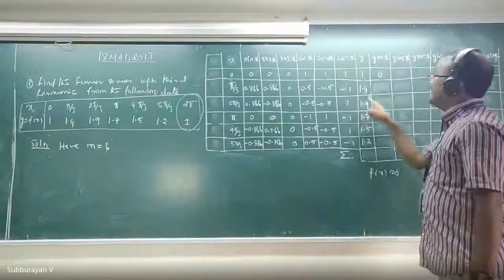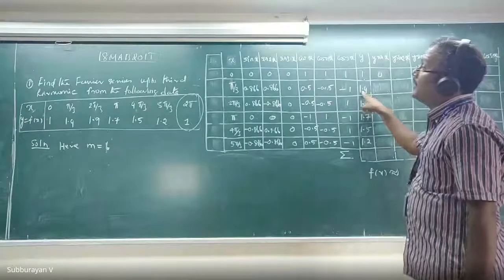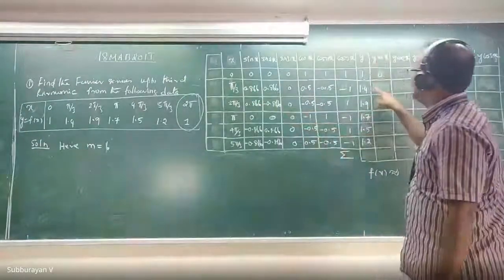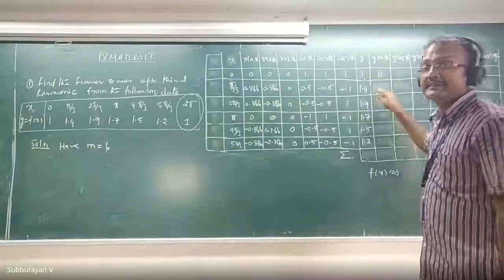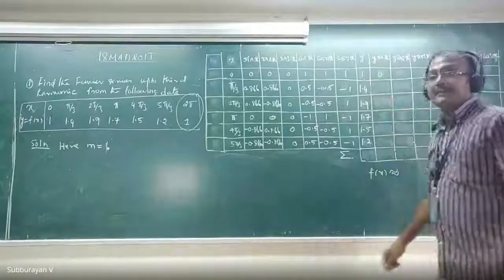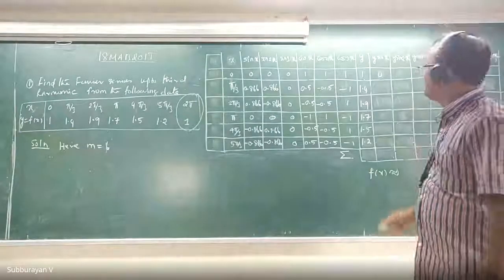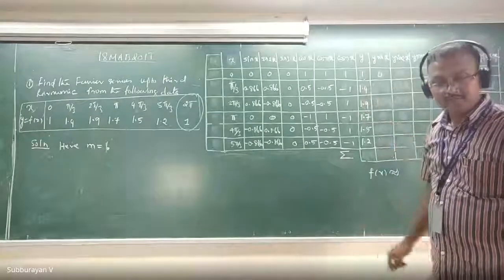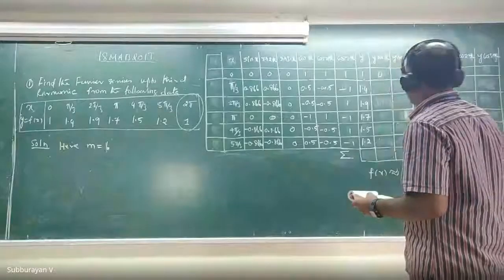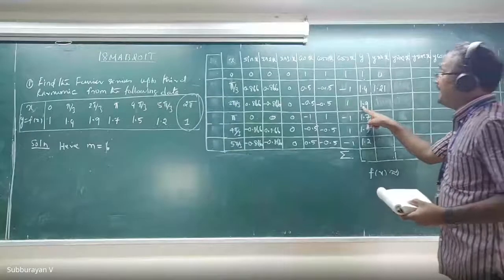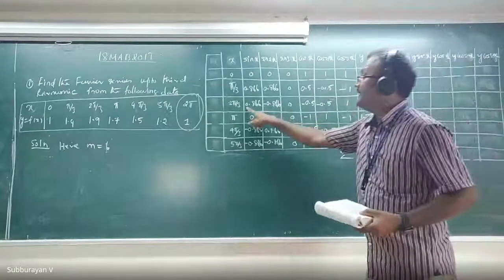Then y equal to 1.4 and sin x value is 0.866. What is 1.4 into 0.866 correct up to 2 decimal places? 1.21. Very good.